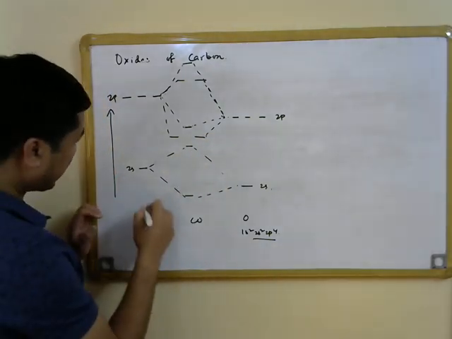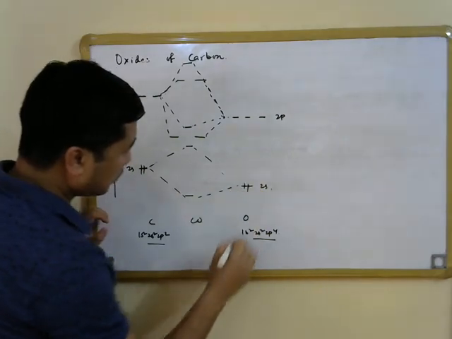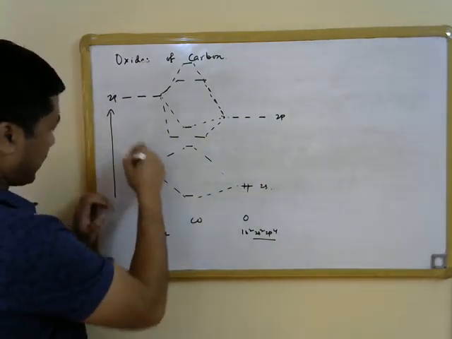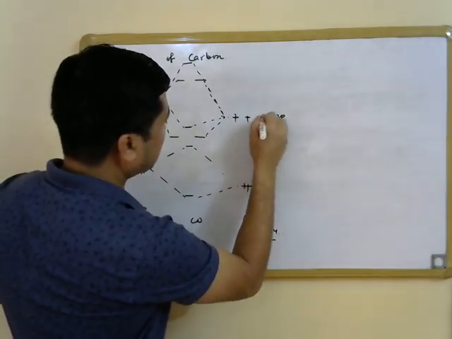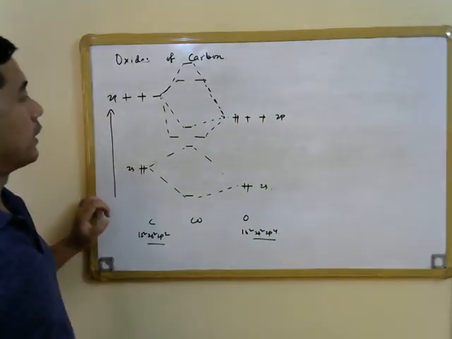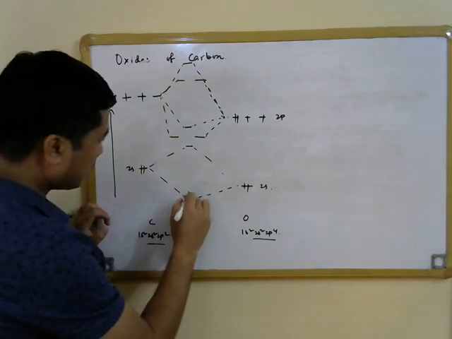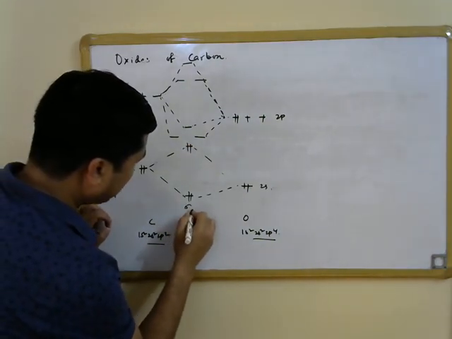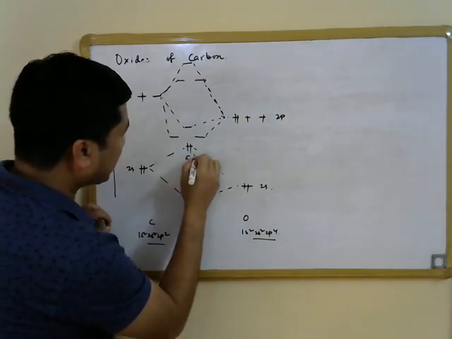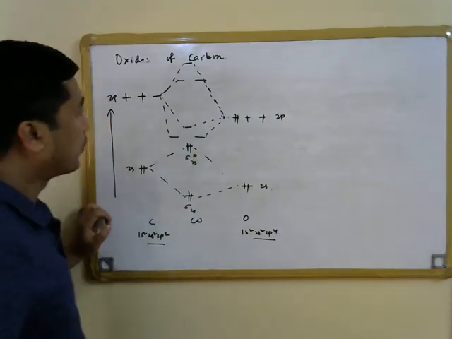So let us fill electrons, 2s2, 2s2 here. In this case, 2 electrons into p orbitals, and in this case, 4 electrons into p orbitals. So we will have 2 electrons in both sigma 2s bonding and sigma star 2s antibonding.